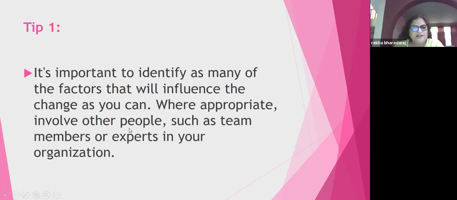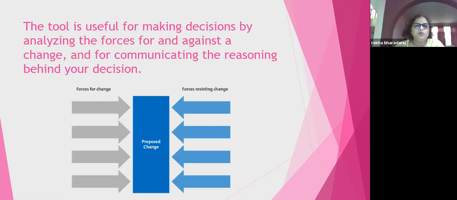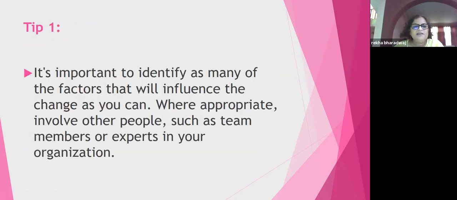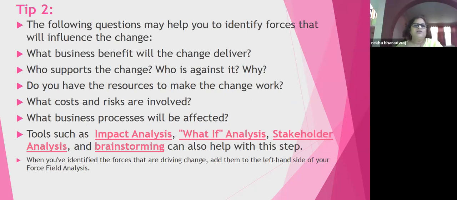And so the first tip in preparing this chart, which I showed you, is to identify as many of the factors that will influence the change as you can, and where appropriate, involve other people, such as team members or experts in your organization.